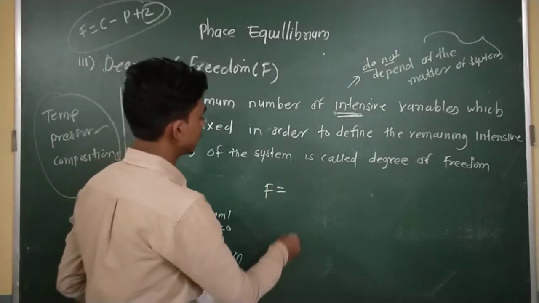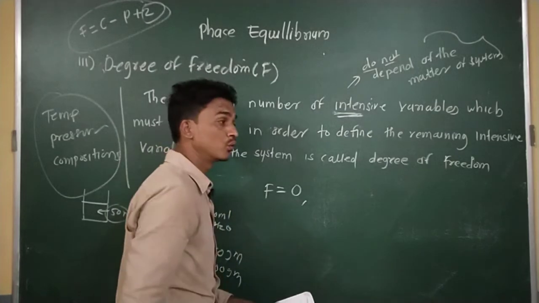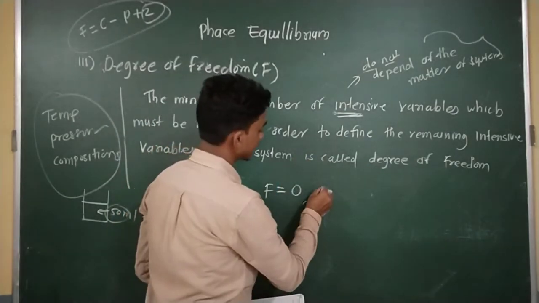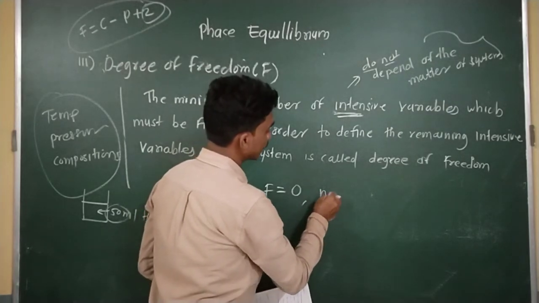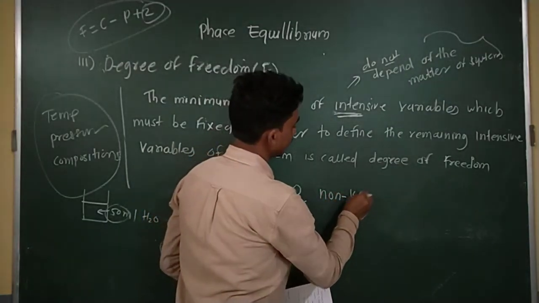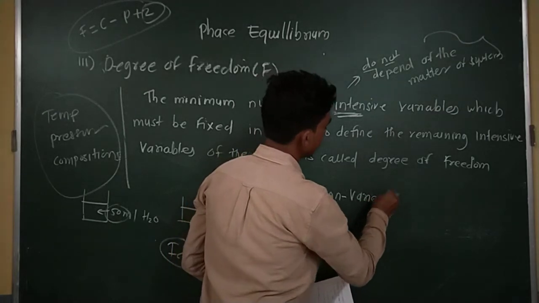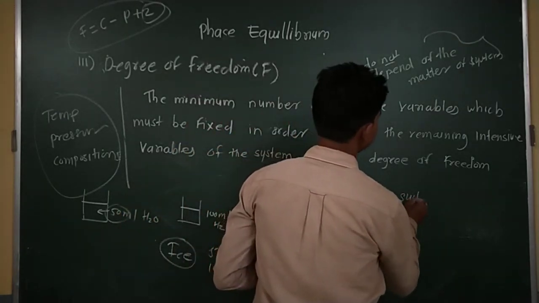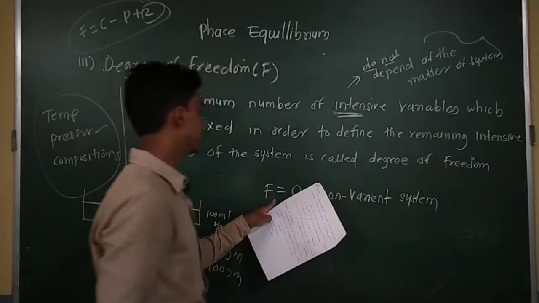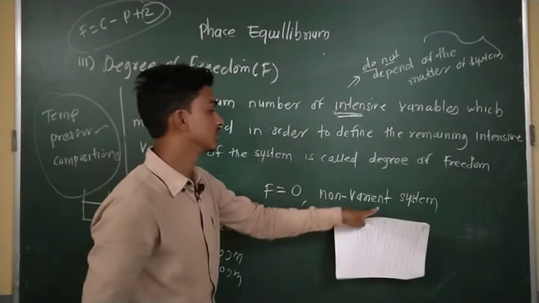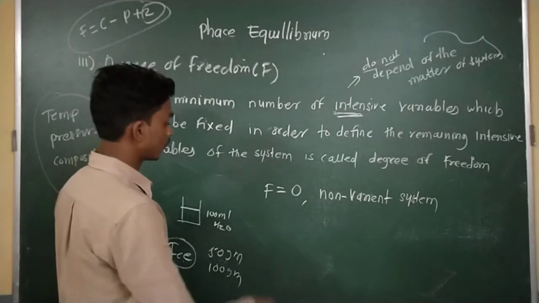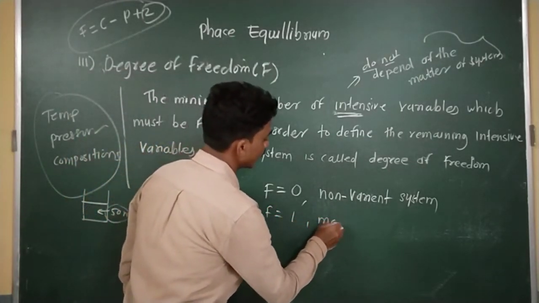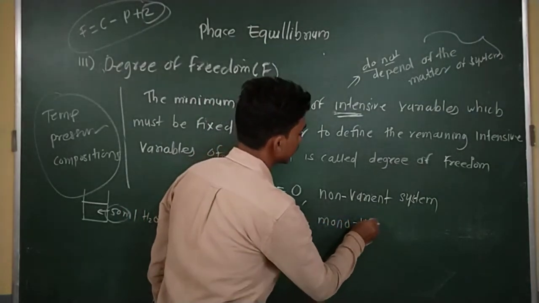If the degree of freedom is equal to 0, then we can say this system is non-variant. If F is equal to 1, then we can say it is a monovariant system.